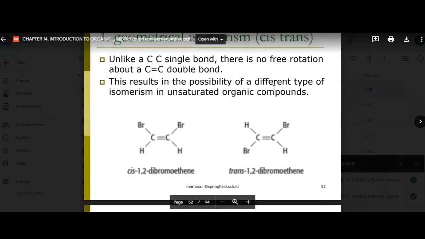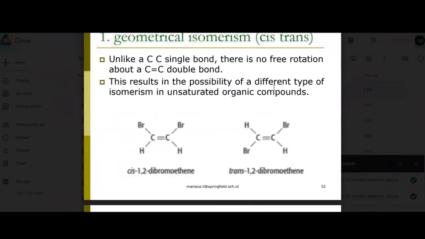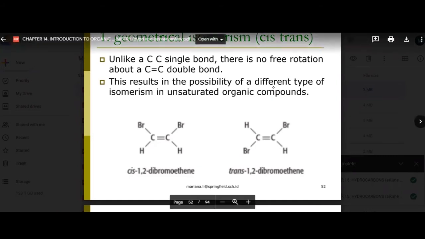One more thing that I should tell you is that cis-trans isomers arise because of two characteristics. Let's focus on carbon number 1 here. Cis-trans isomerism arises because each carbon of the C=C is connected to two different groups.